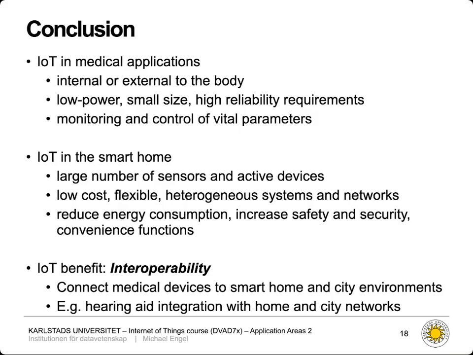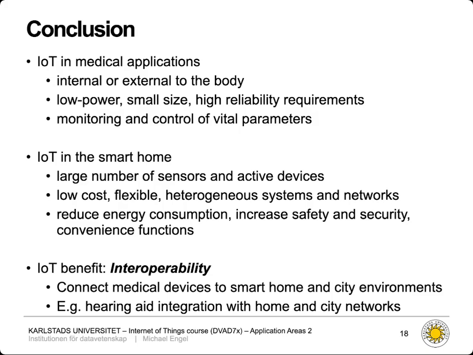So the benefit for all these devices, no matter if it's medical or smart home, is of course that in the best case we have interoperability. So these devices can not only connect to specialized applications, these devices can interact with each other. So for example, we can connect medical devices to smart home and city environments.